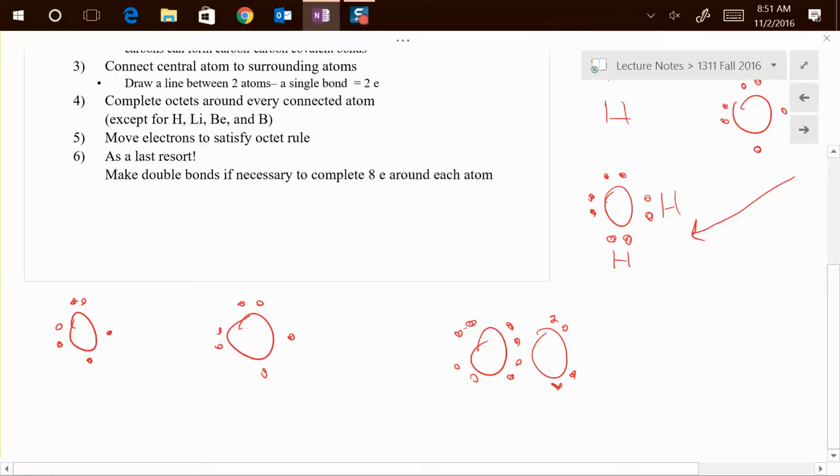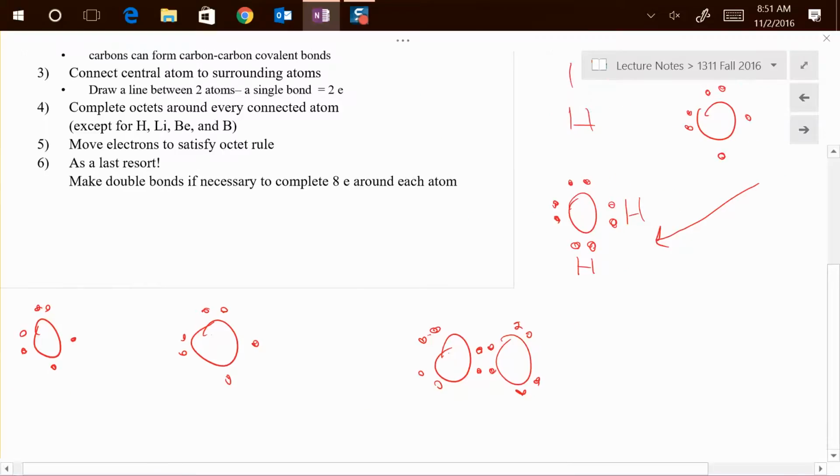Okay? Actually, a better way to draw it would be more like this. Okay? So, what do you think we call this type of bond? A double bond. We call it a double bond. So, oxygen can satisfy that octet with itself by creating a double bond right there between each of the oxygens.